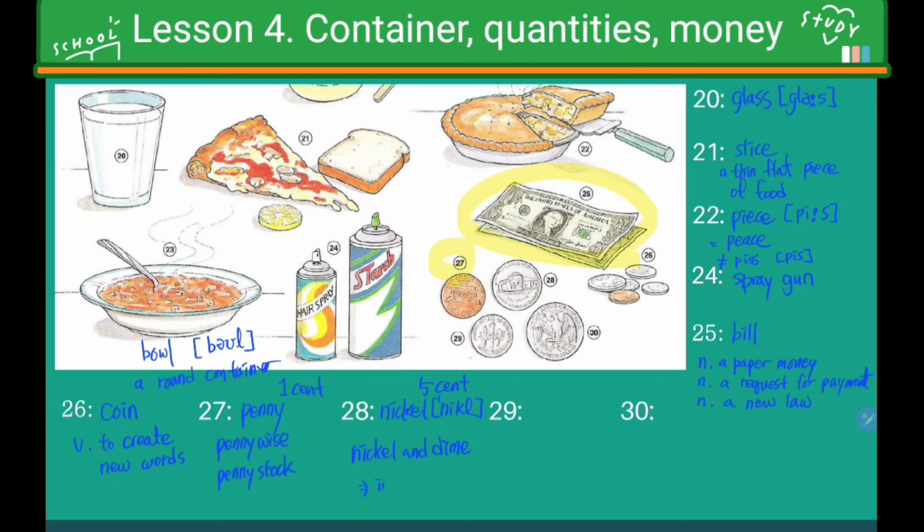And number 29 is the smallest coin in size, and that's 10 cent, and it's dime. Okay, and there are many phrases that use dime in it, such as dime novel.